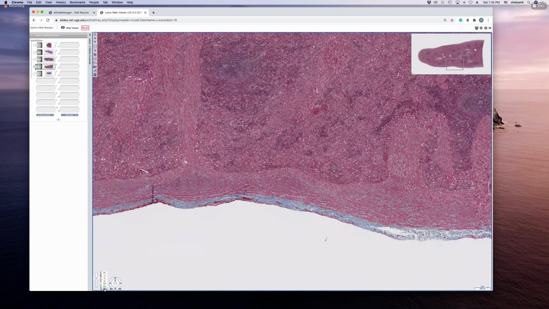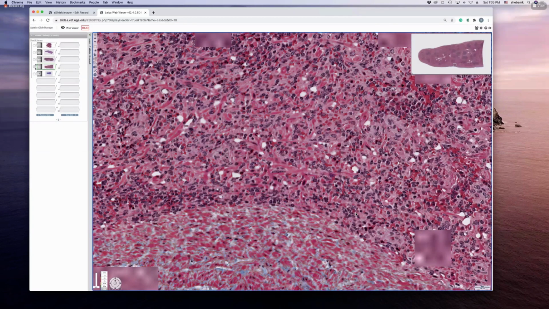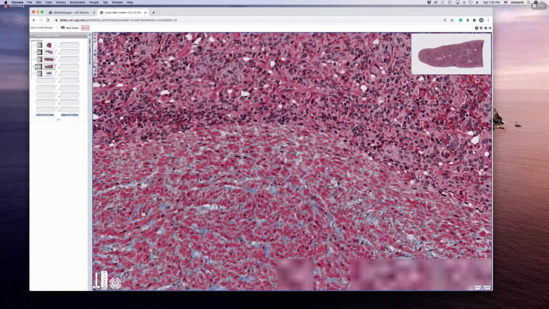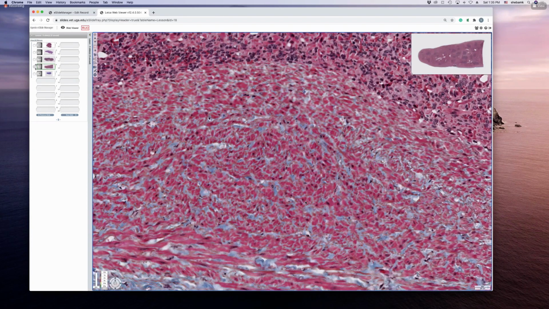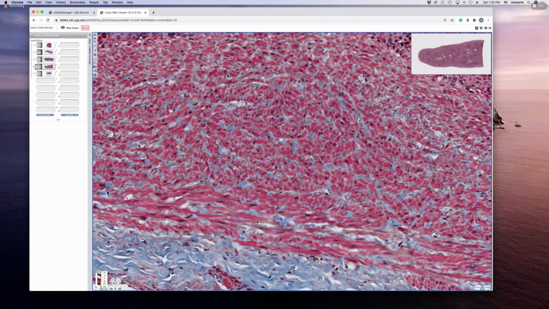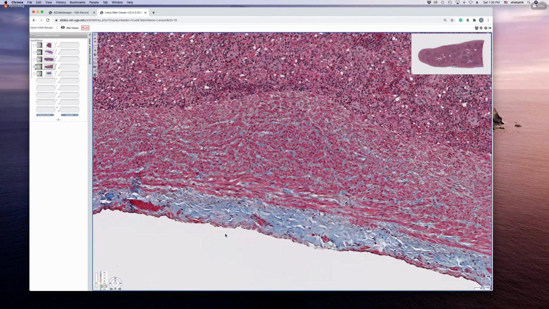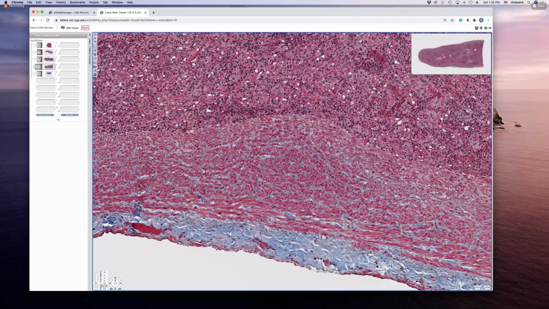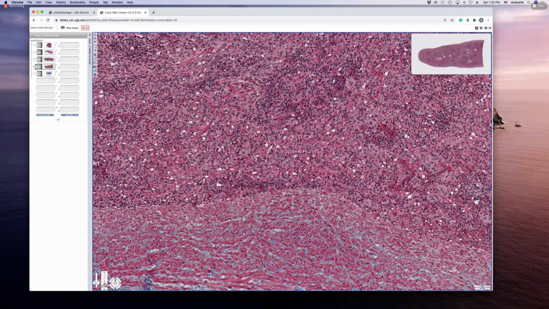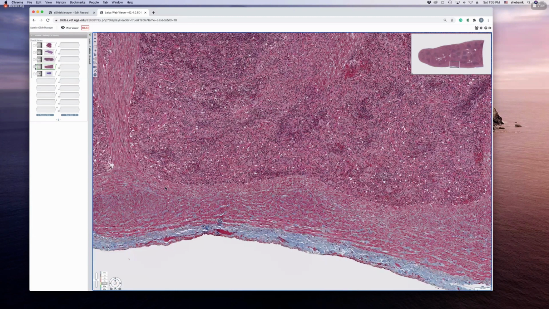Let's take a closer look at this. See, all these are smooth muscle fibers. Can you see them? And then there is the capsule with collagenous fibers on the outside. See, there is collagen, and then all this is smooth muscle. This is from a bovine spleen.